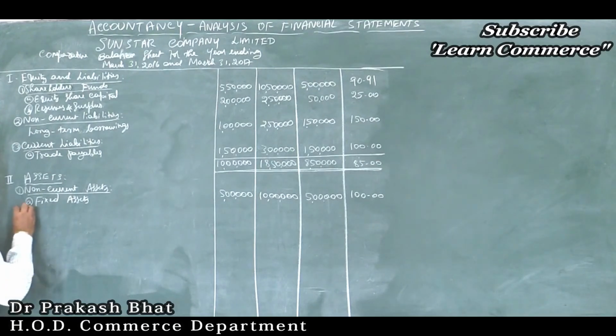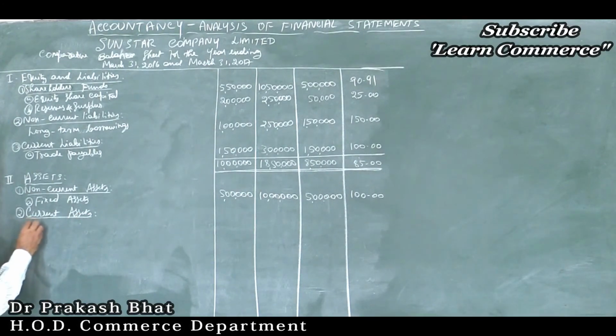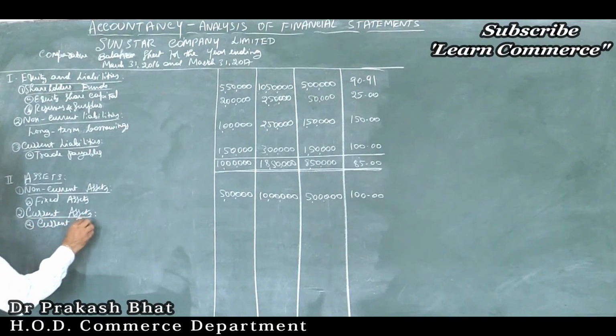Then current assets, second one, current assets. Under that, point A, current investments.